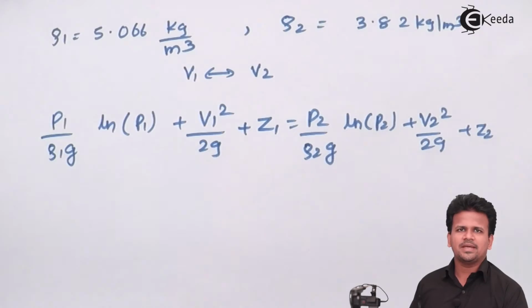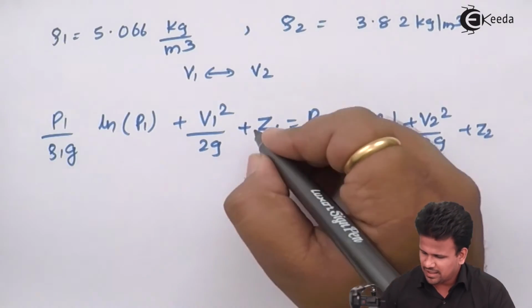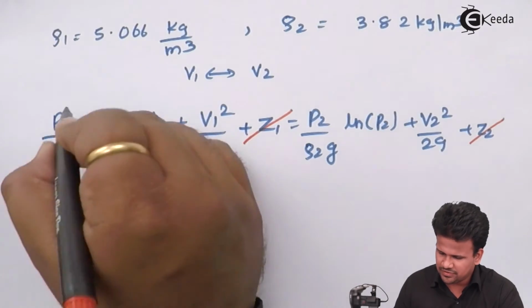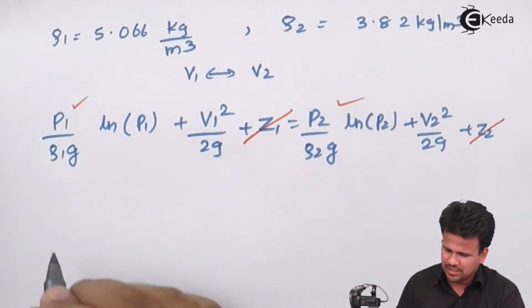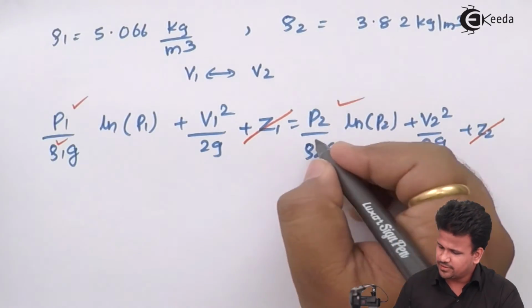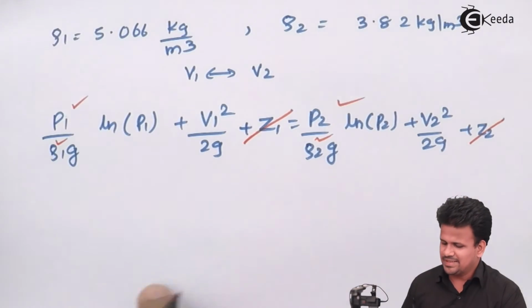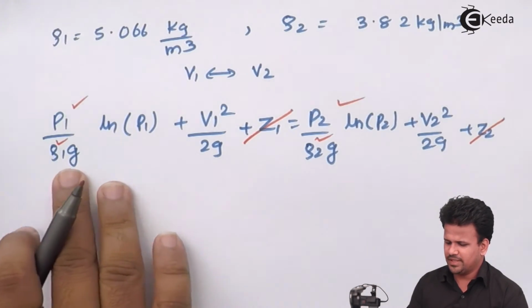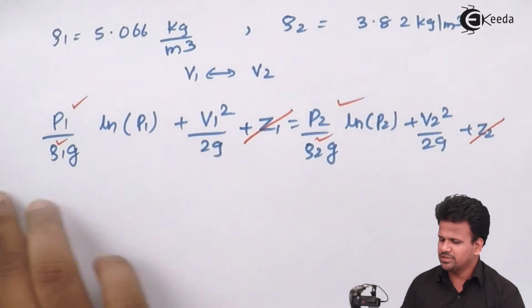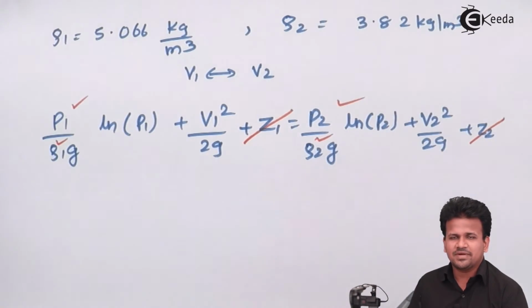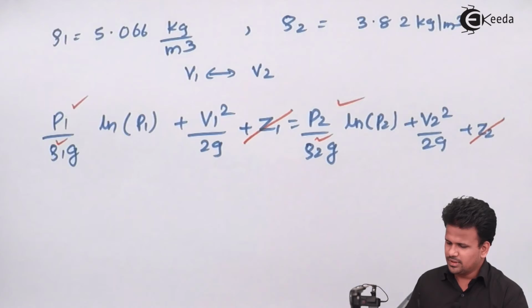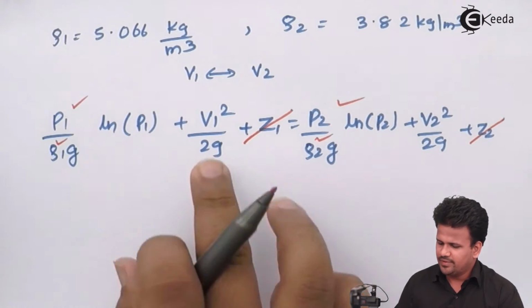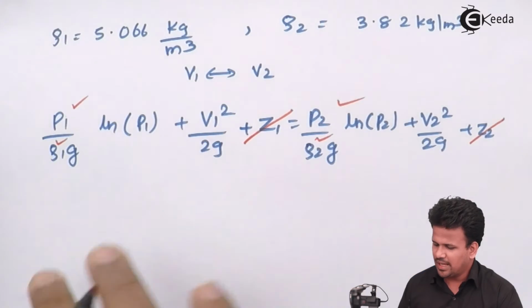Now since this pipe is a horizontal pipe, the values of Z1 and Z2 are the same. We have the values of P1, P2, ρ1 and ρ2. We can multiply this equation by g, so all the acceleration due to gravity terms will go away, and we'll get an equation in v1 and v2.